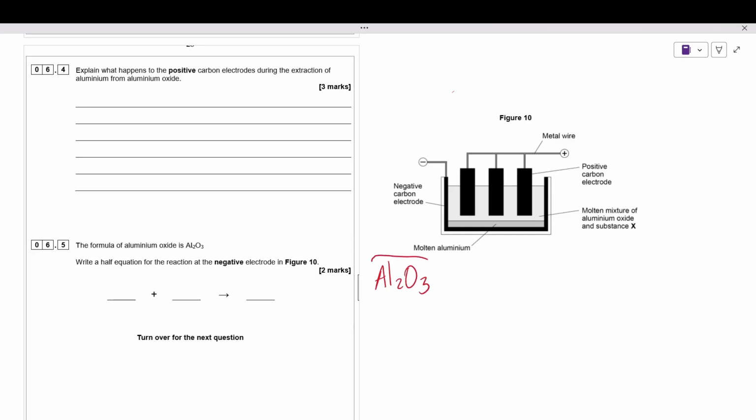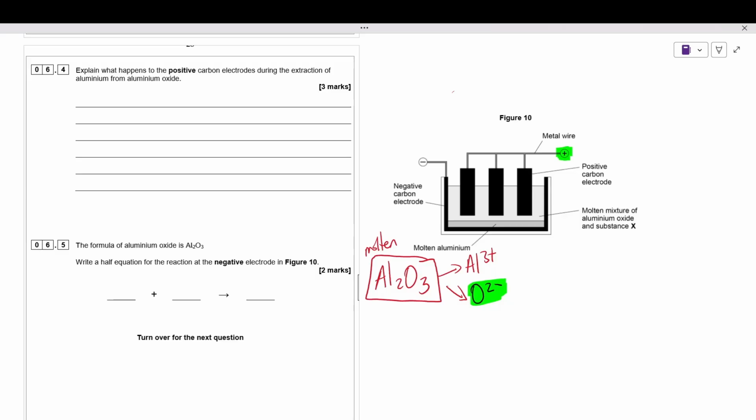Now this is going to be molten, which means that only two key ions will be in there, and those are your Al3+ ion as well as your O2- ions. Each of these will be attracted to either the anode or the cathode. Now, obviously, opposites attract. So my anode is positive, so it's going to attract my anion, which is my O2-.